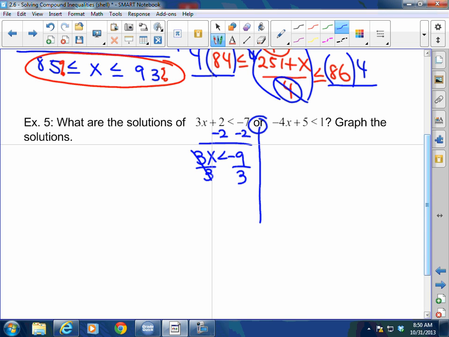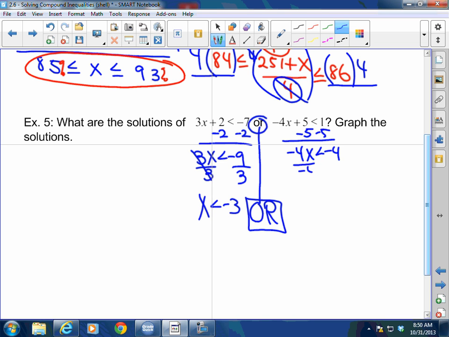Flip the sign, right? No, good. You did not divide by a negative. So you have x is less than negative 3. Or subtract 5 to both sides. Negative 4x is less than negative 4. Divide by negative 4. X, flip the sign because I divided by a negative, is greater than 1.